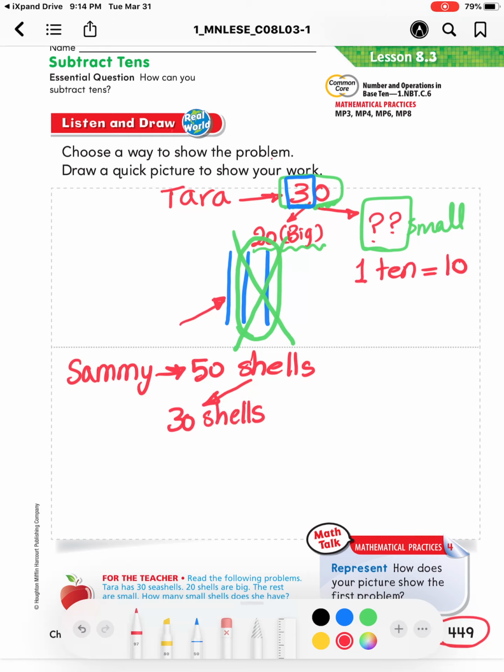Now, how many shells does Sammy have now? Let's imagine that Sammy has 50 shells. 30 shells were given to his friend. Now, how many shells does Sammy have after he gave his friend the shells?